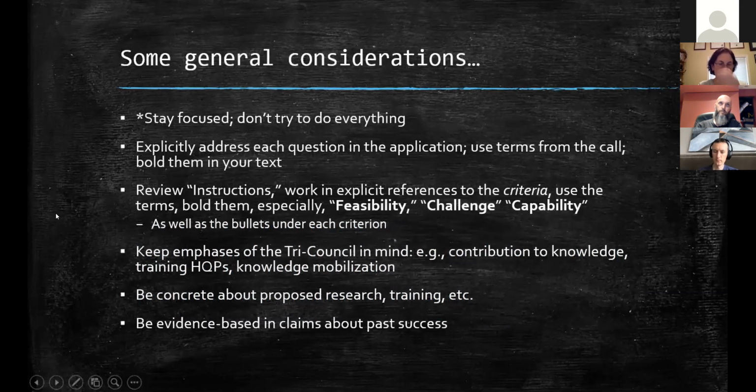So, some general considerations. I said earlier that I think there are 2 things that are real killers for proposals. The one I mentioned earlier was not describing the method. The other element that I think is a real risk is when people try to do everything. Both of the reviewers are nodding, right? Because we see this.